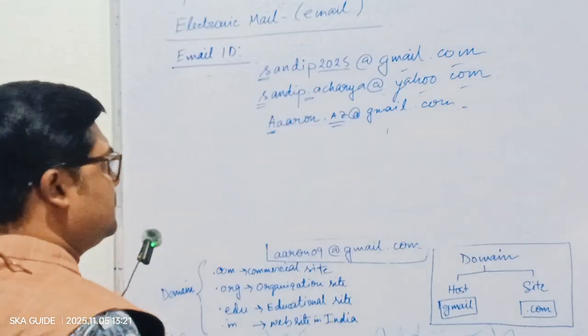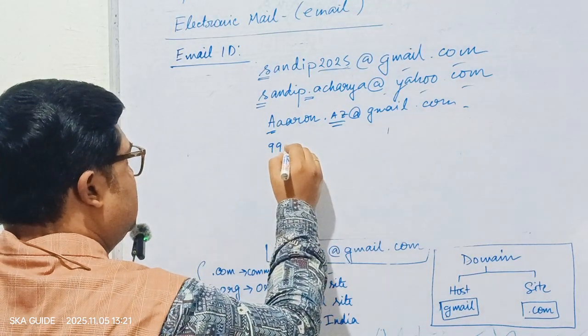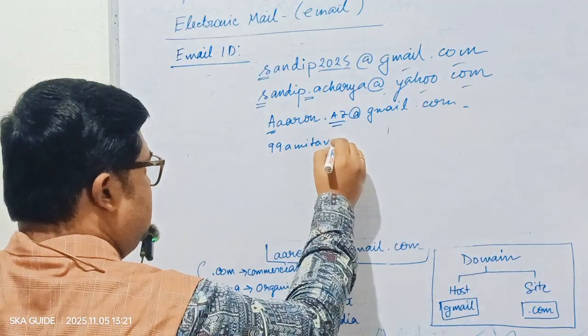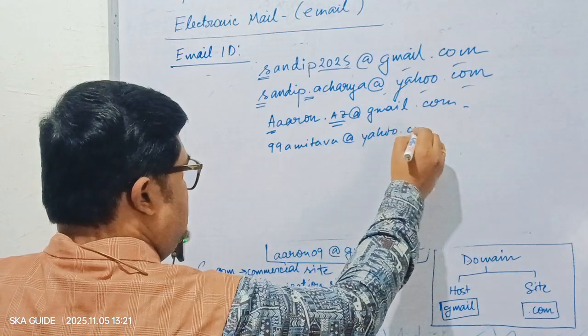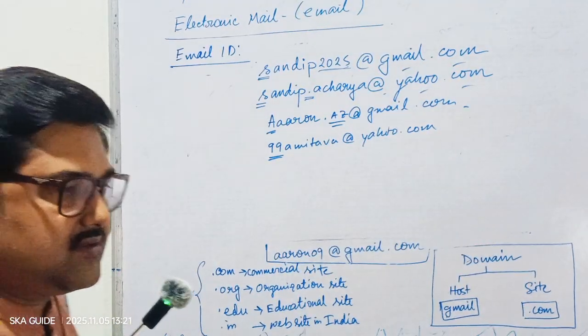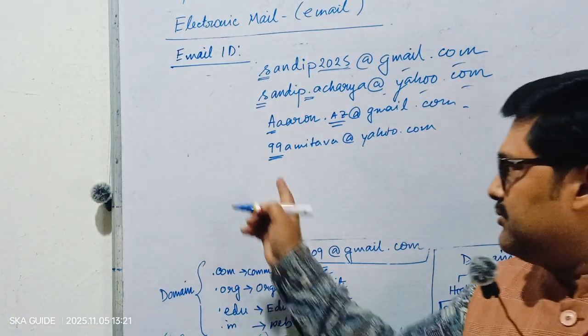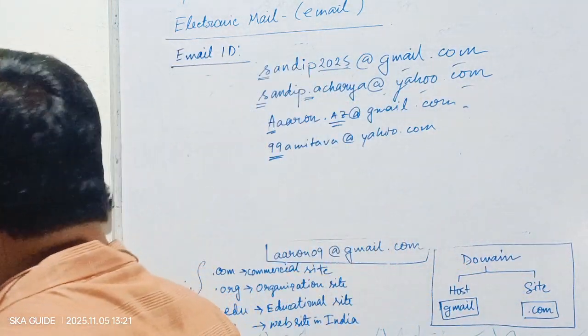Okay, you cannot have 99 Amitav at the rate Yahoo, because some mail servers do not allow you to start your email ID with numbers. You must start it with letters.